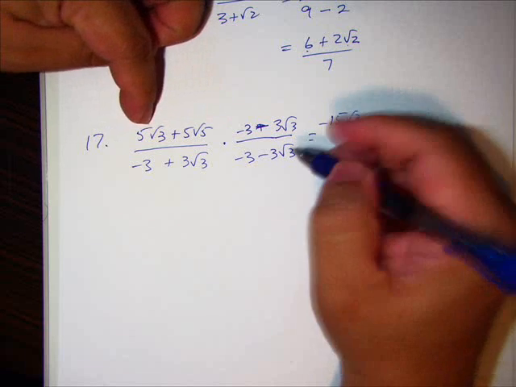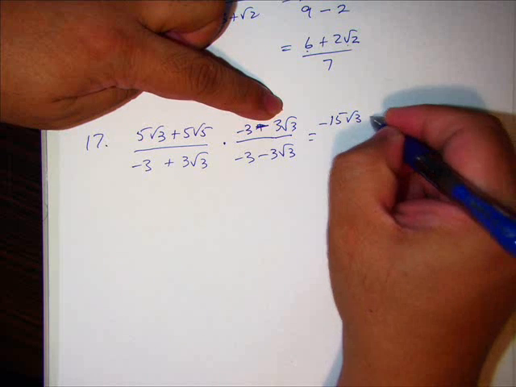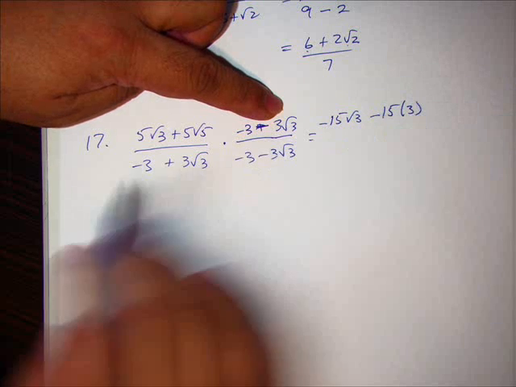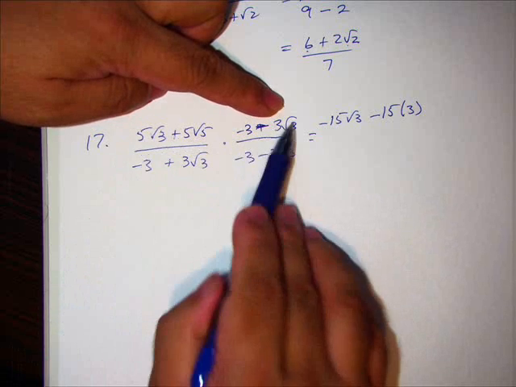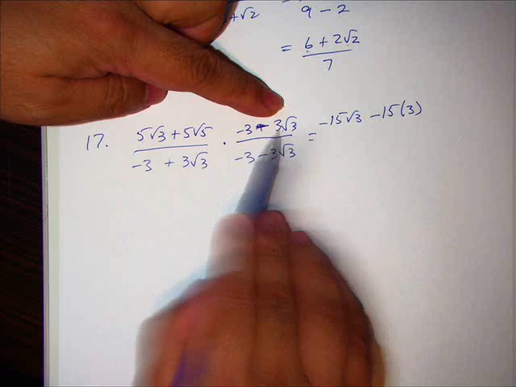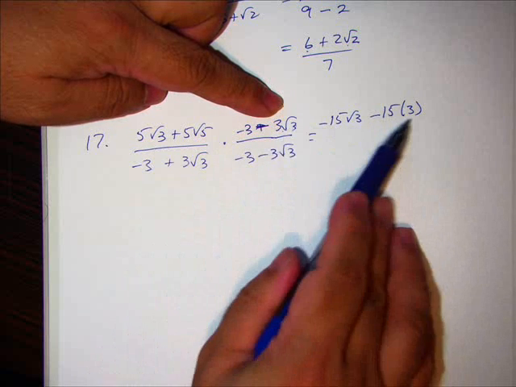Then 5 root 3 times minus 3 root 3: the outside numbers get multiplied, 5 times negative 3, making negative 15. Then square root of 3 times square root of 3 gives me just 3.